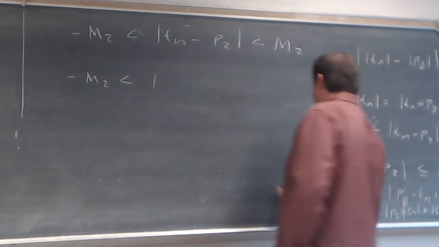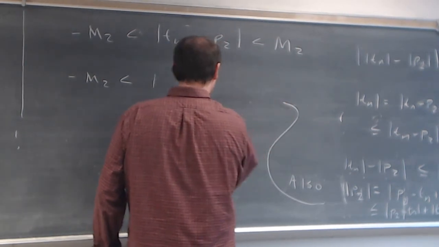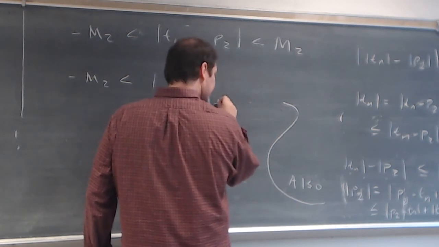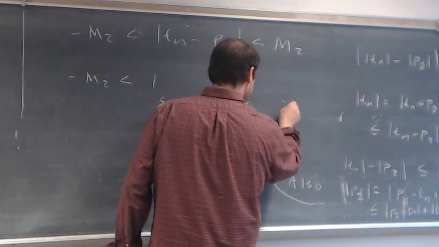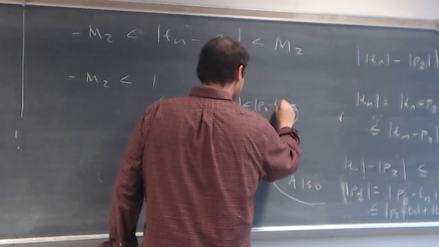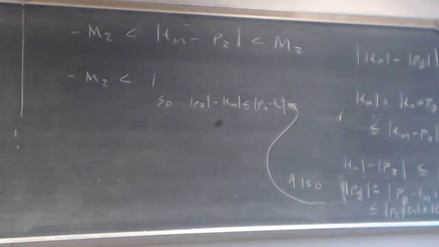Okay, and so what we get is that the absolute value of P sub 2 minus the absolute value of P sub n is going to be less than or equal to the absolute value of P sub 2 minus T sub n. Is that okay with everybody? Let everybody look. That's a mess. Is that okay? It's true, I didn't write anything wrong.